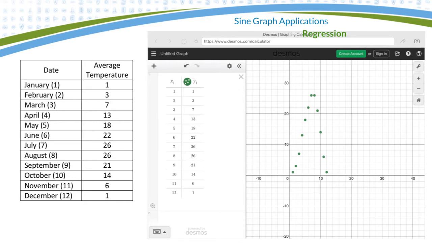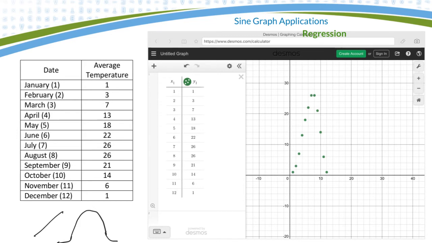Okay, so this pattern doesn't look like a linear function to me. A linear function would just be a straight line. It doesn't really look like a parabola either, because it's got sort of wings on the bottom. And so I'm thinking maybe a sine graph.